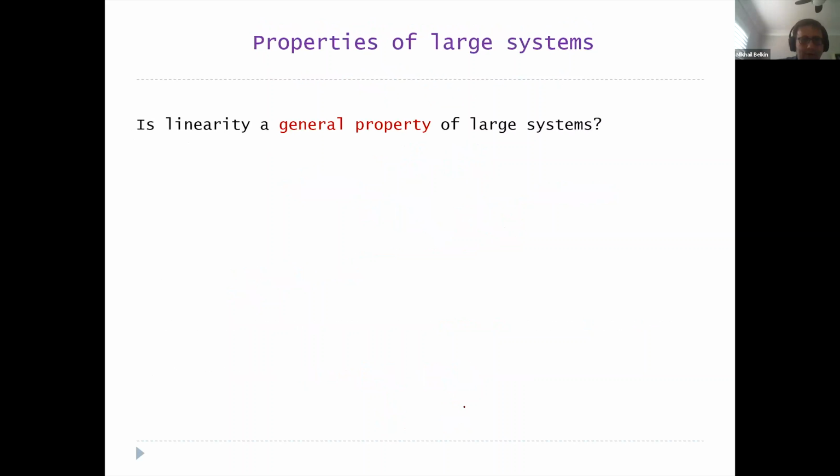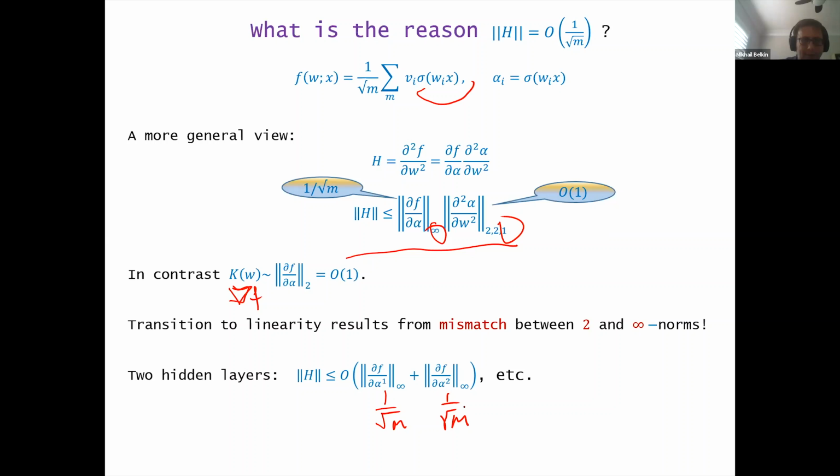Now, of course, the question is, okay, I gave this fairly complicated explanation based on some mismatch between some norms, but is this the right explanation? I cannot really claim this is the right explanation, but let me point out that it does account for something which is important and which we see empirically.